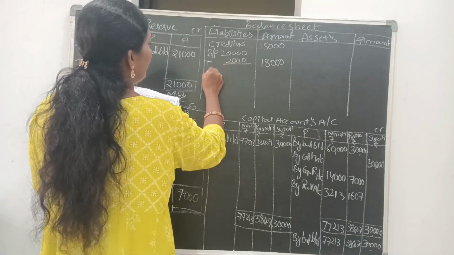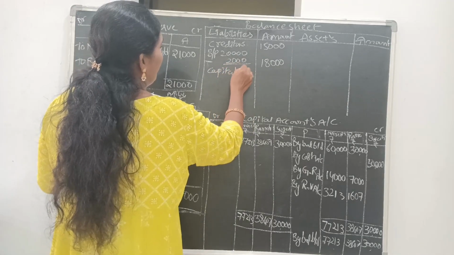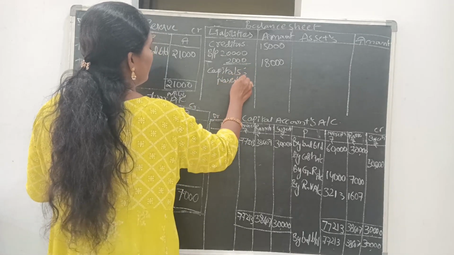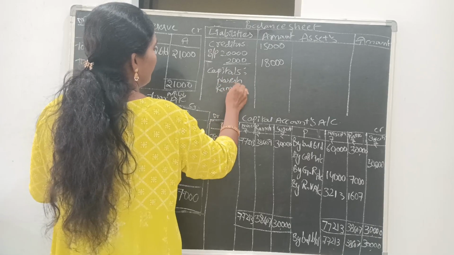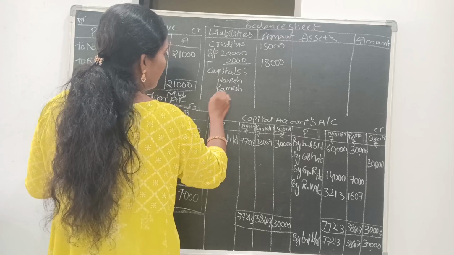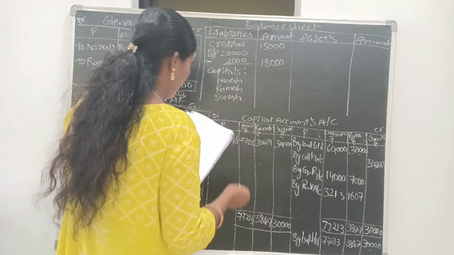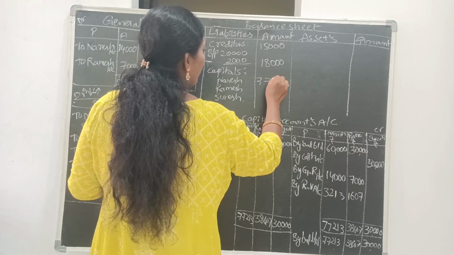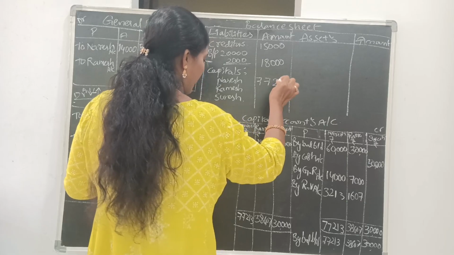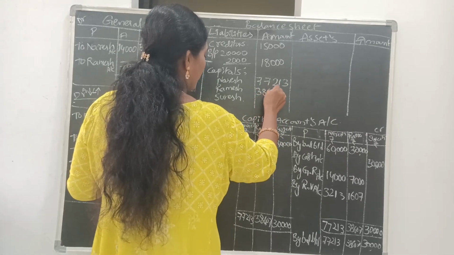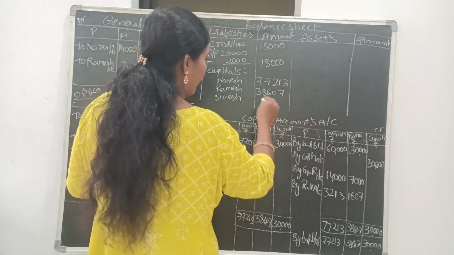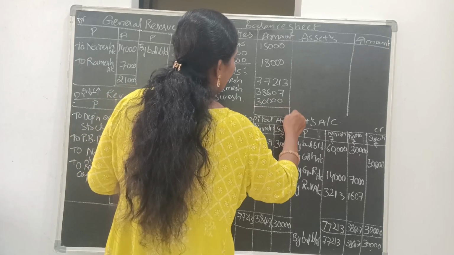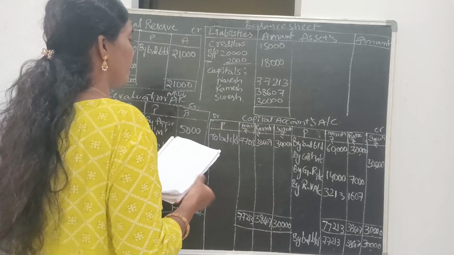Next, write down capitals of Naresh first, then Ramesh, then Suresh. The adjusted capitals are 77,213, 38,607, and 30,000.